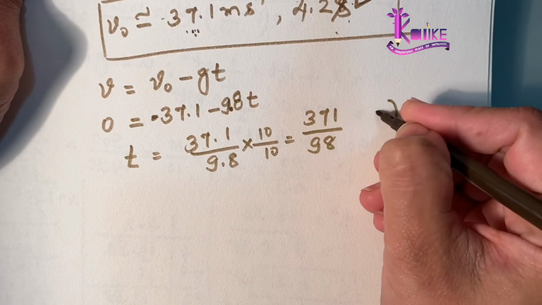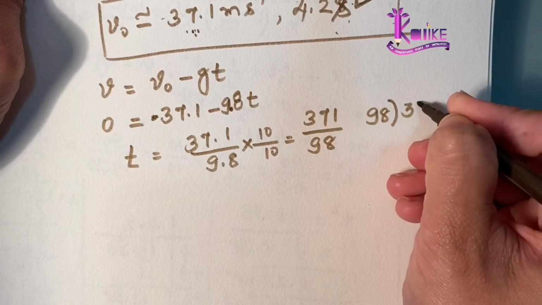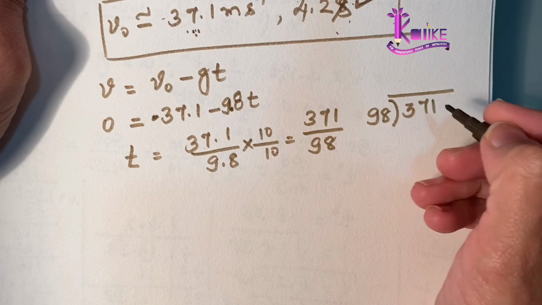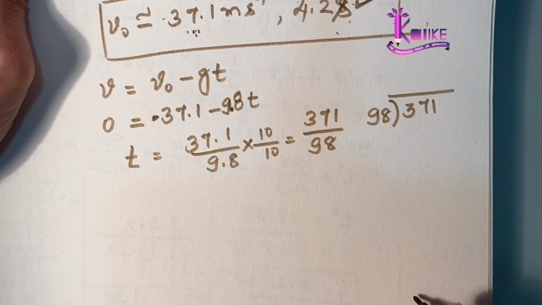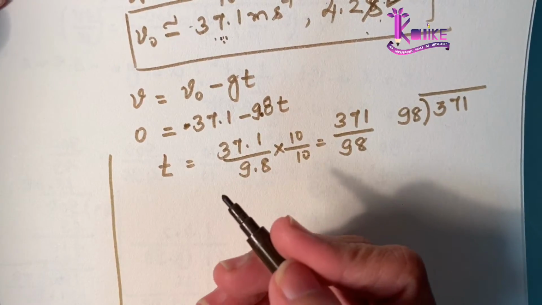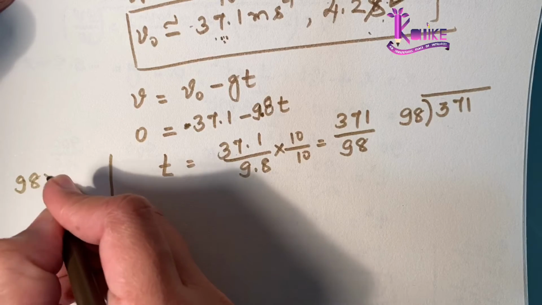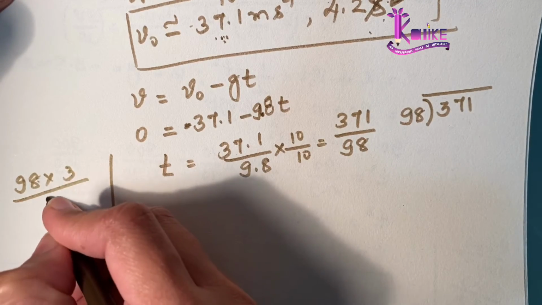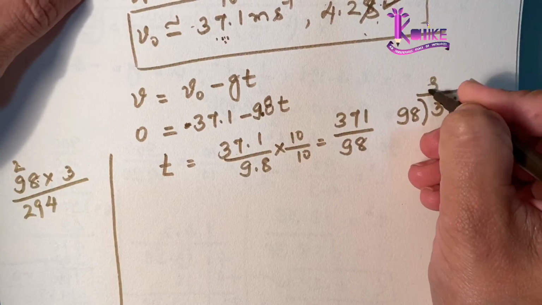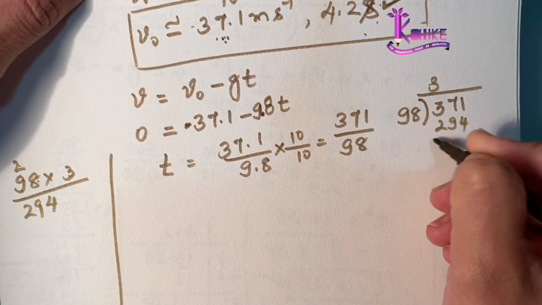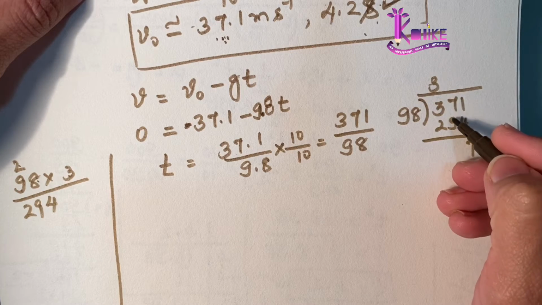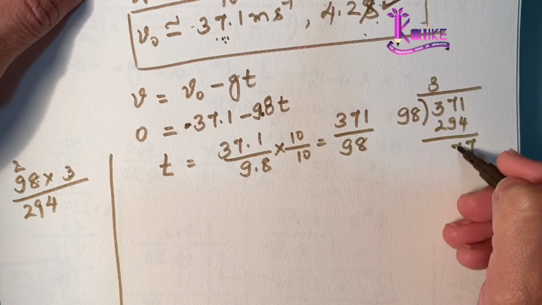Now let's simplify this. This is 98 that you have, and this is 371. So we have to find out how much time it actually takes. Let me multiply it by 3 and find out. I'll do the working part here. 98 into 3, 3 8s are 24, 3 9s are 27 plus 2, 29. So I take 3, 294. 11 minus 4 is 7, and this becomes 6. 16 minus 9 is 7, so this becomes 0.